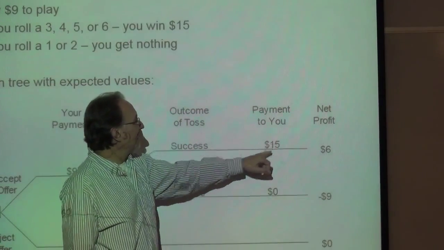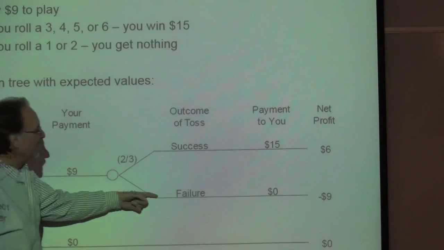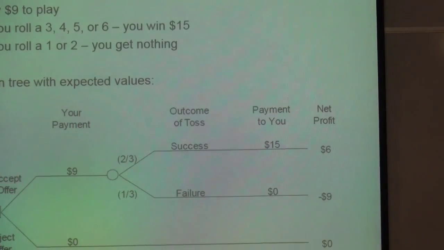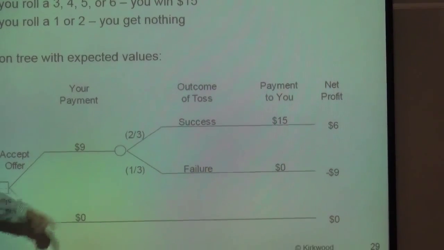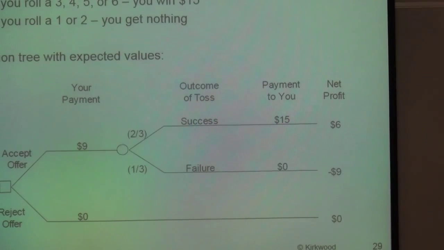Payment for success is $15, so the net profit is 6. If you fail, the payment is nothing, and the net profit is -9. And if you reject the offer, the profit is 0. Pretty simple scenario.